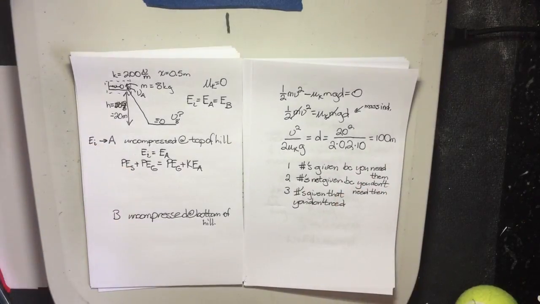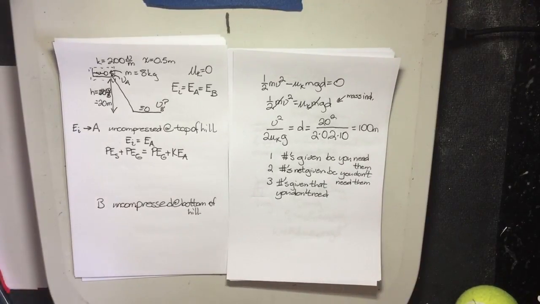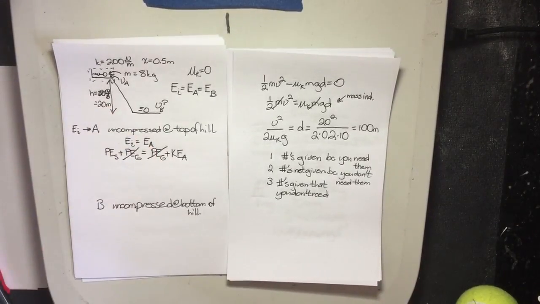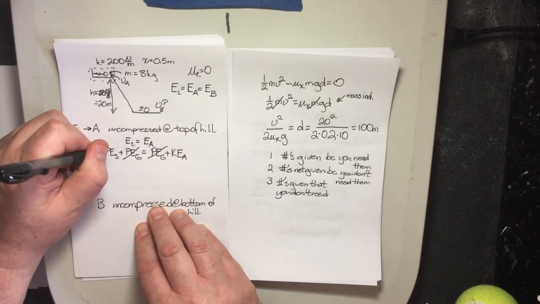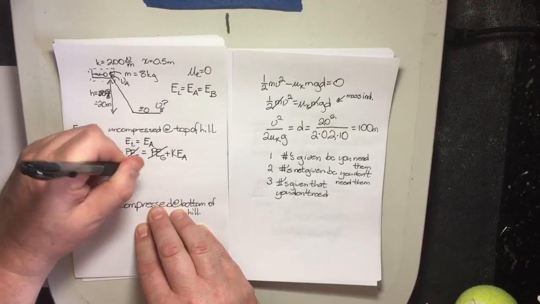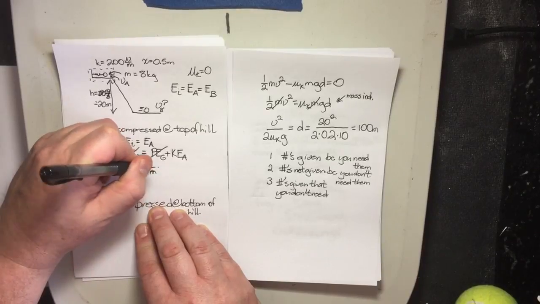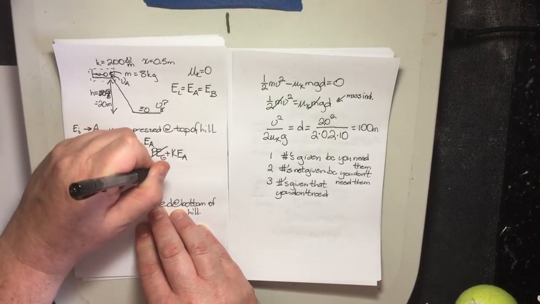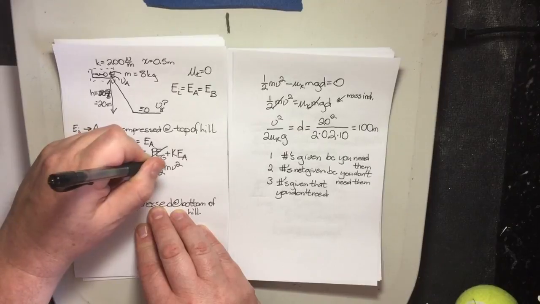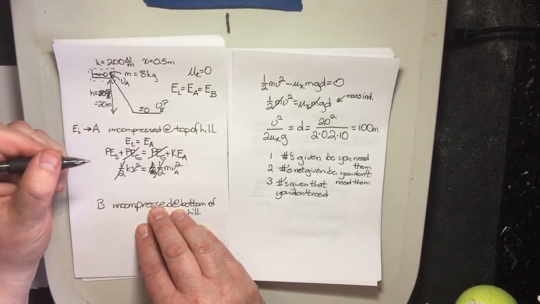And you can also see that the equations disappear, and so you don't really care about it. So the potential energy of the spring, 1/2 kx squared, is equal to 1/2 mv squared, so this is velocity at A.